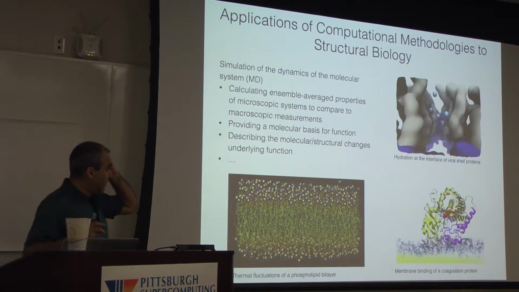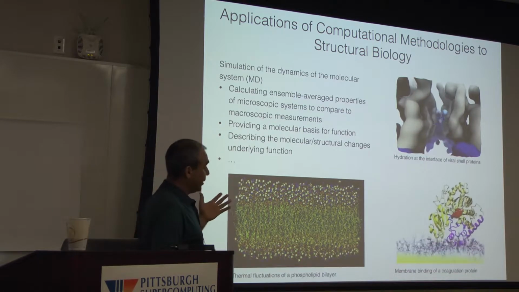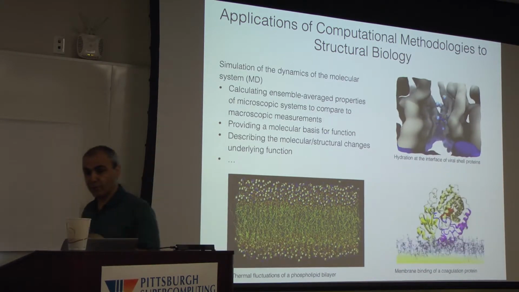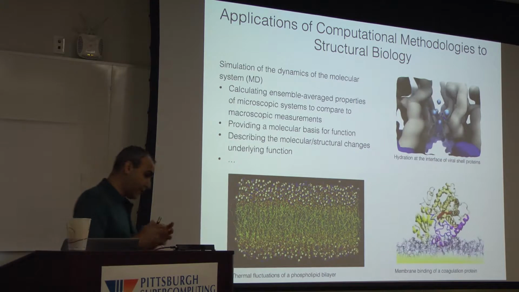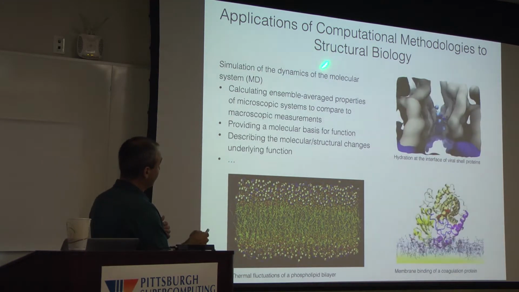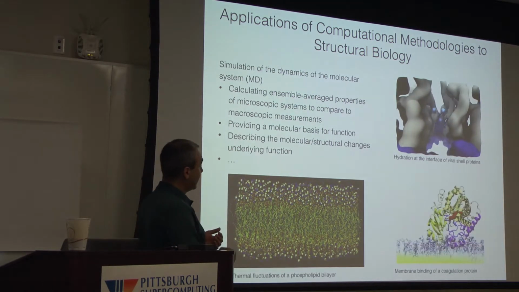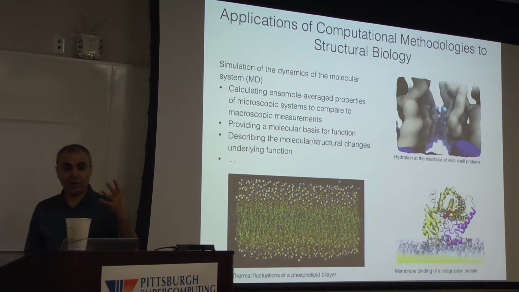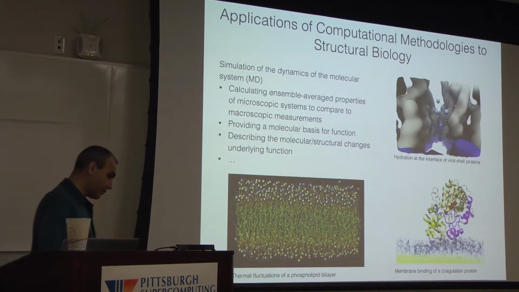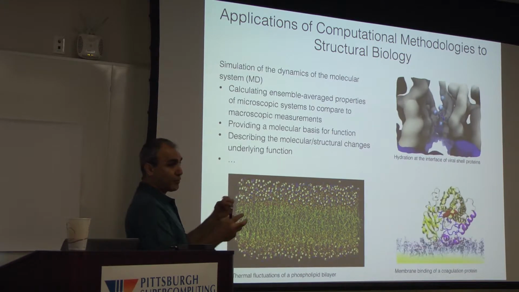Okay, so in MD simulations, you will see that we use the technique for different purposes. You might be interested in the dynamics of a molecular system. For example, you want to calculate ensemble average properties. Every time you do an experimental measurement, except for single molecule experiments, you are measuring average properties, right?